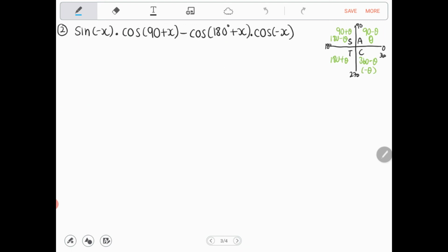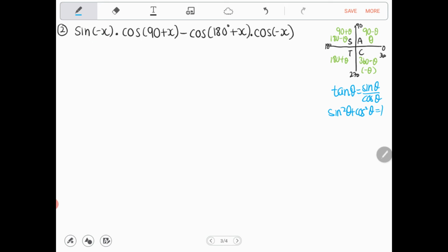Okay, here's another one. Again, we've got our little cos diagram there. We remember also that we might be using tan is sine over cos, and we might be using sine squared theta plus cos squared theta is equal to 1. So those are the things we need to remember. All right, so first we go and we identify.